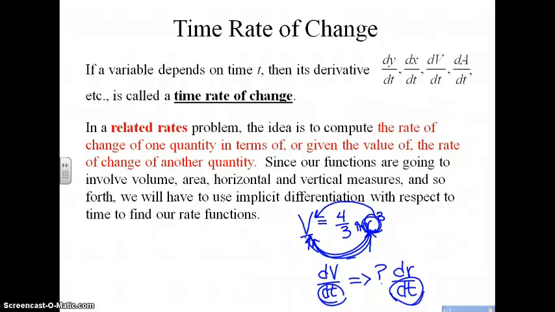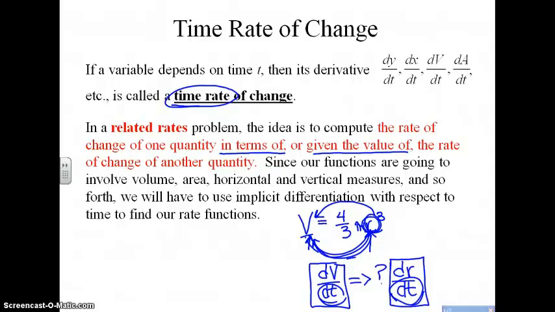Related rates are always time rates. So when I say the rate of change of one quantity, let's say the rate of change of volume, in terms of or given the value of the rate of change of another quantity, those are the kinds of problems we're going to be doing with related rates.